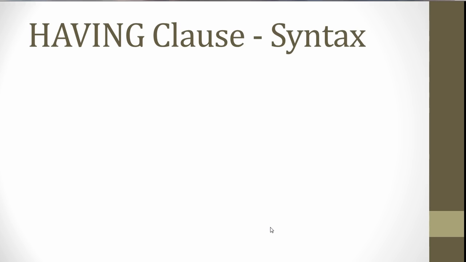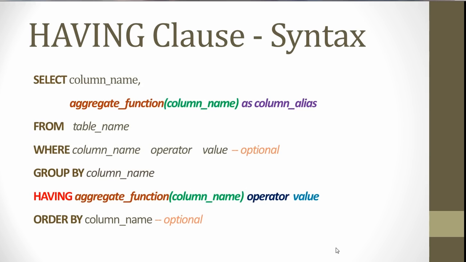Now let's look at the syntax for the having clause. You have a select column name, the aggregate function on another column, from, and the where clause, which is optional again, then group by, and after the group by clause you have having, with the aggregate function on a column, operator and value.